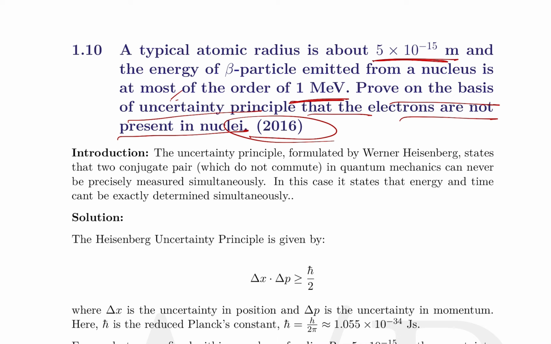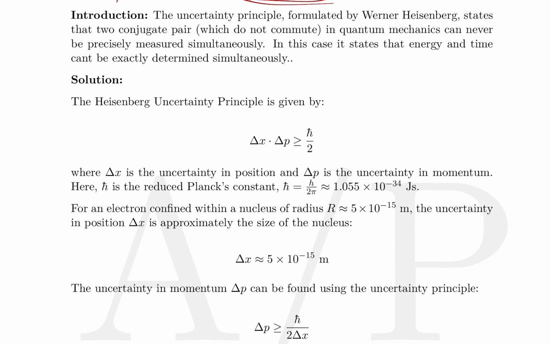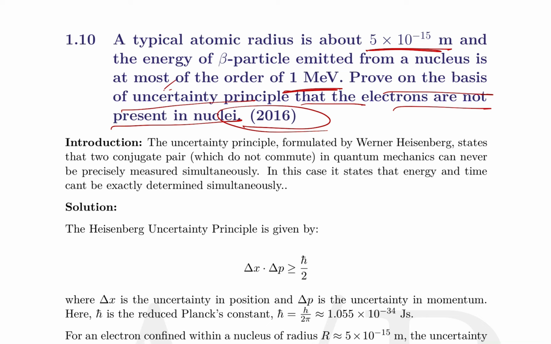We'll use the same sort of introduction that we used earlier. We'll start the introduction from the conjugate pair concept, which states that conjugate pairs which do not commute in quantum mechanics can never be precisely measured simultaneously. In this case, I think there is a typo from our side, I'm very sorry for it.